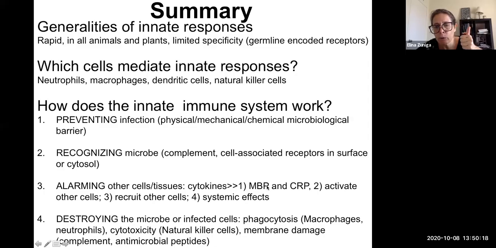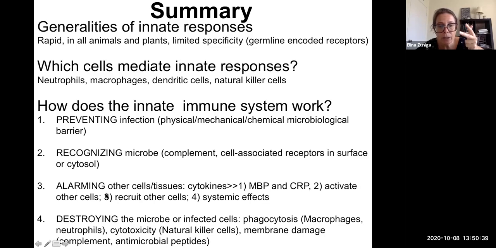Number 1, by producing the synthesis of mannose binding protein and C-reactive protein by the liver. Number 2, activating other cells, and we talk how interferons can create an antiviral state in a paracrine manner. They can also activate natural killer cells.